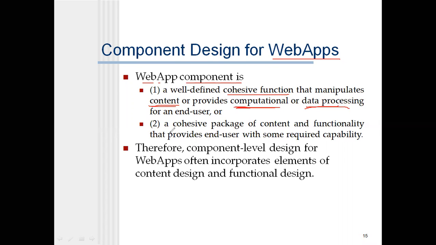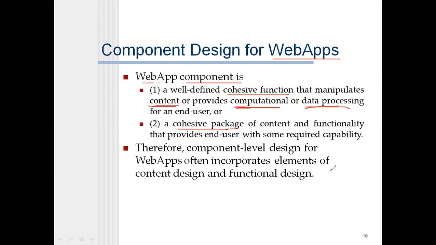And the second definition is that a web application component is a cohesive package of content design and functionality design that provides end users with some required capability. It is a cohesive package, not only a single class. It may be a multiple number of classes that may be called a web application component here.